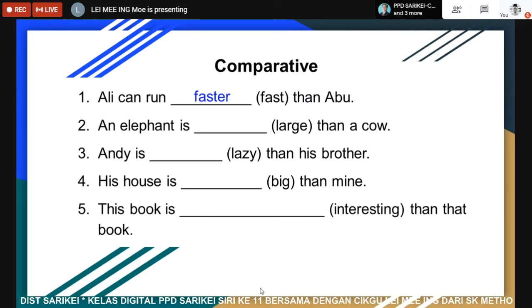Good. Question number 2. An elephant is then a cow. So what is your answer here? The given word here is large. Can you please type down your answer for question number 2 in a few seconds? 5, 4, 3, 2, and 1.